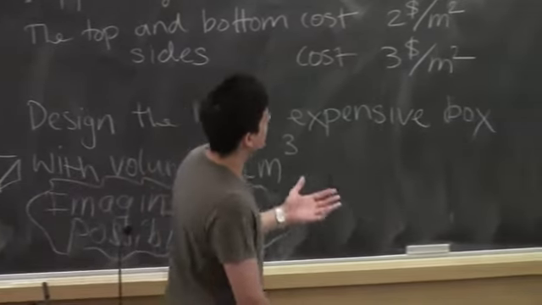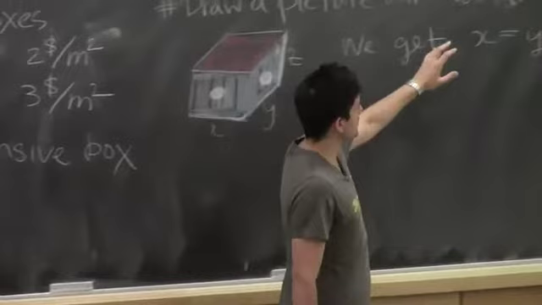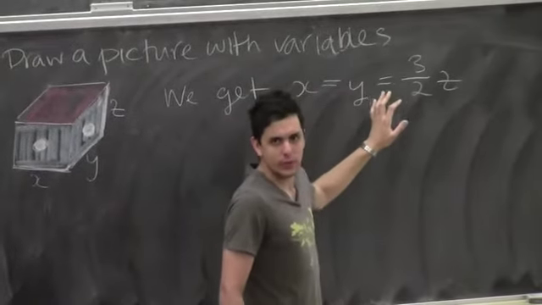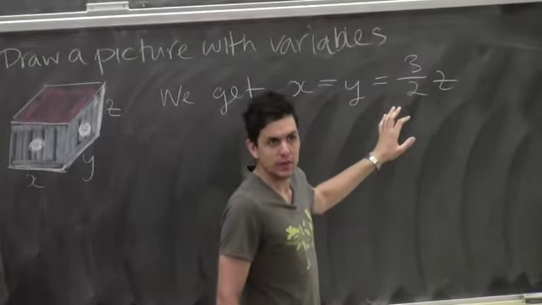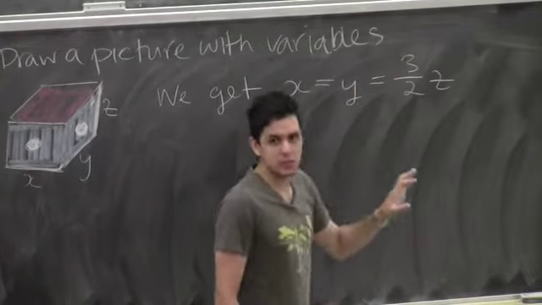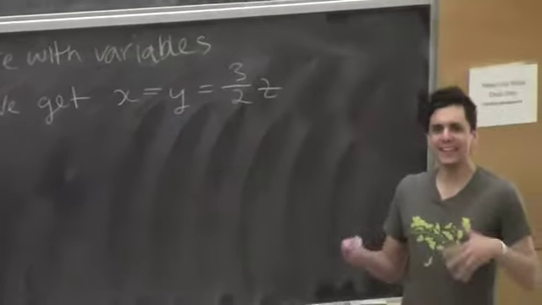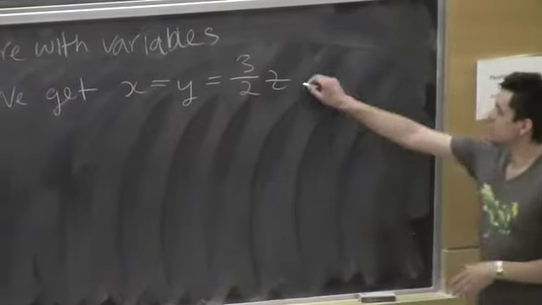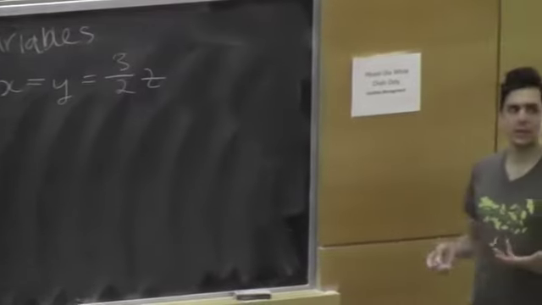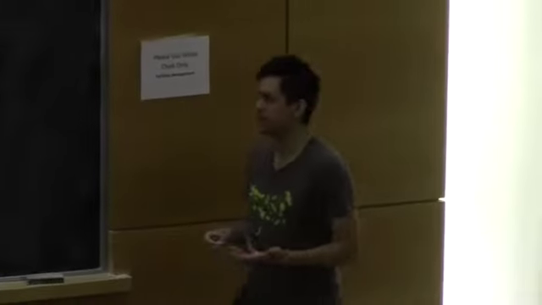We've got these constraints, but how do we know that this is a minimum? Well, we could always make a more expensive box. We could make this thing as expensive as we want. So the thing that we have should probably be a min.